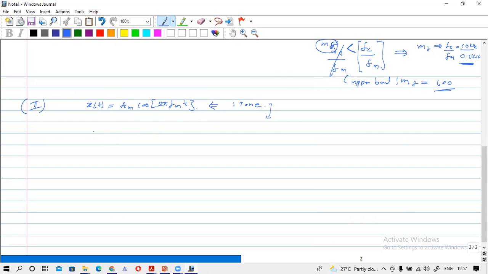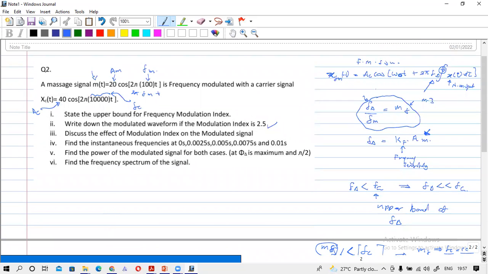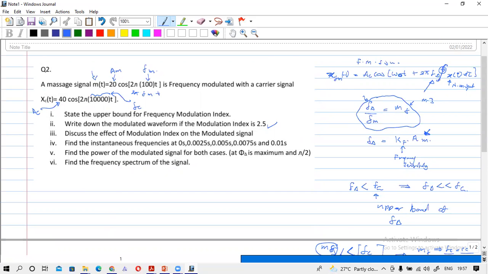So you can see that to write the waveform, we need to get the integration of this message signal.